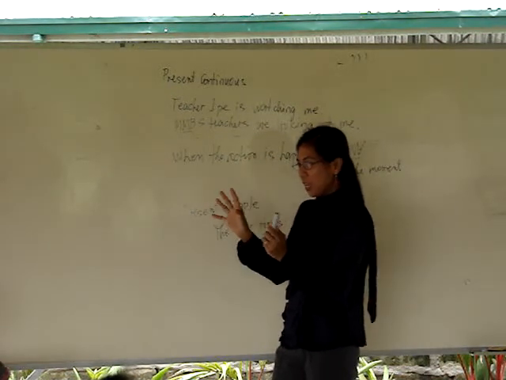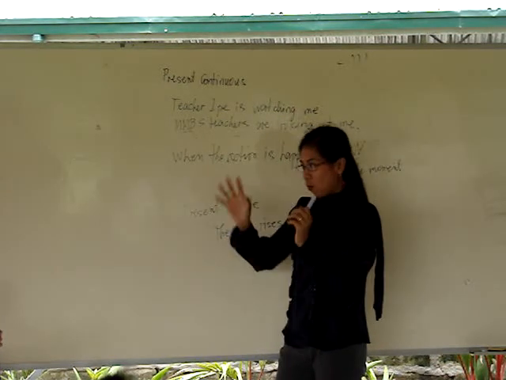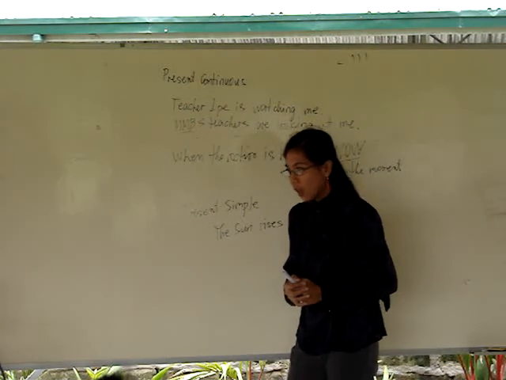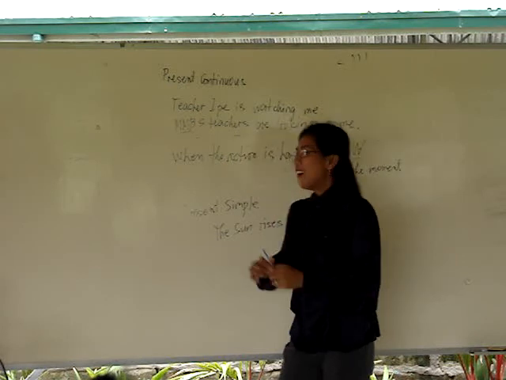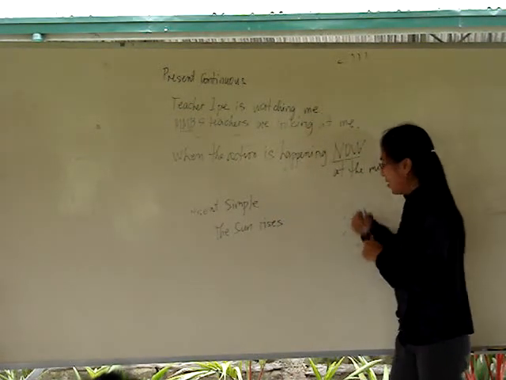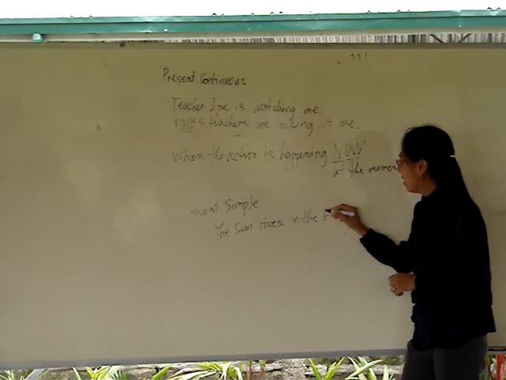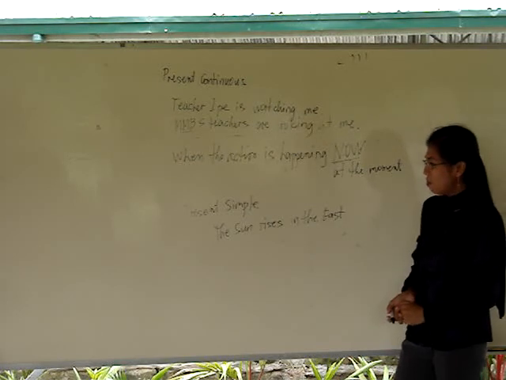What do you observe about the sun? Where does it rise? What direction? East, west, north, or south? East. Okay, so the sun rises in the east.